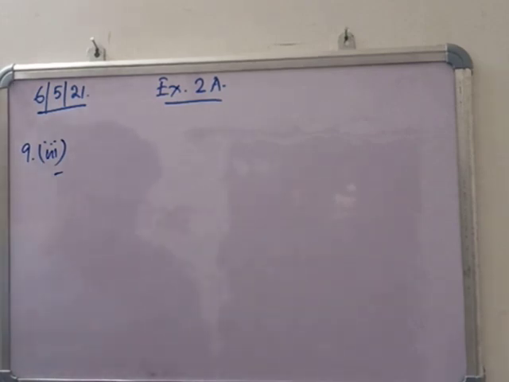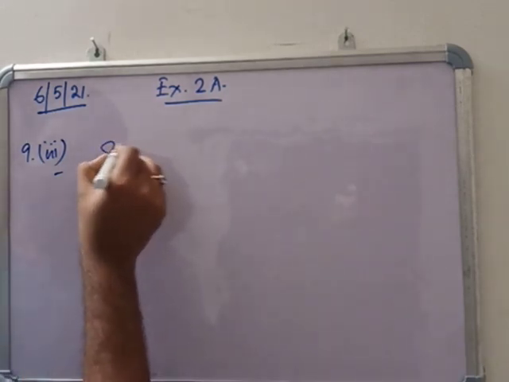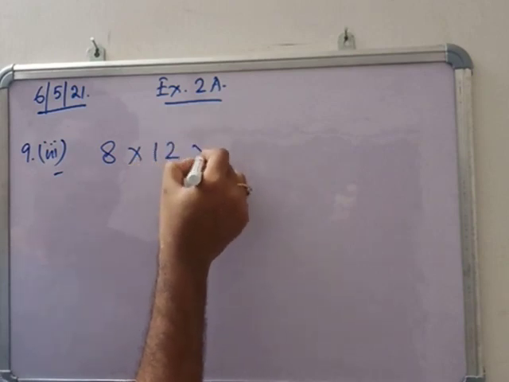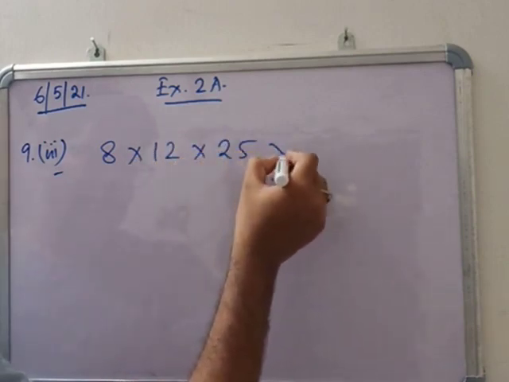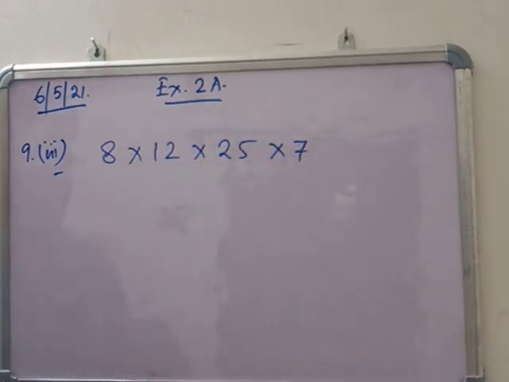Now, next one. In 9(3), you see 8 into 12 into 25 into 7. The four numbers are there. In grouping, you might remember that you should multiply the numbers whose product gives 100 or a multiple of 100.